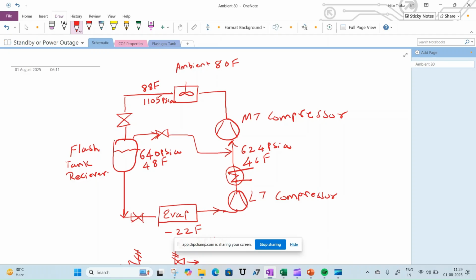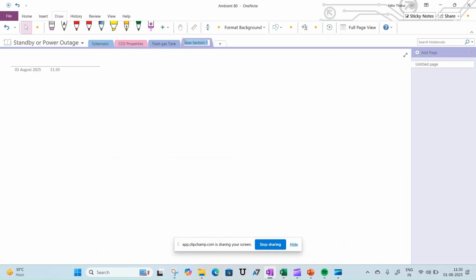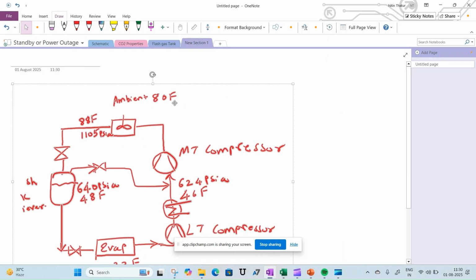When we put this chiller into the standby condition, let's just say the pressure is completely killed in the entire circuit. That means the entire circuit does not have any driving force per se.